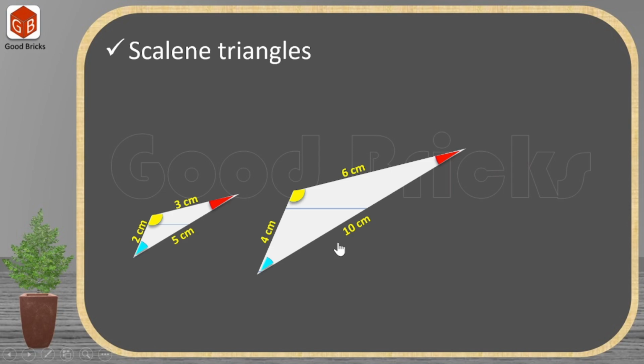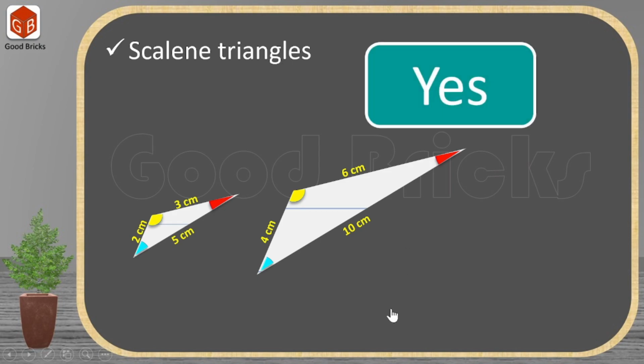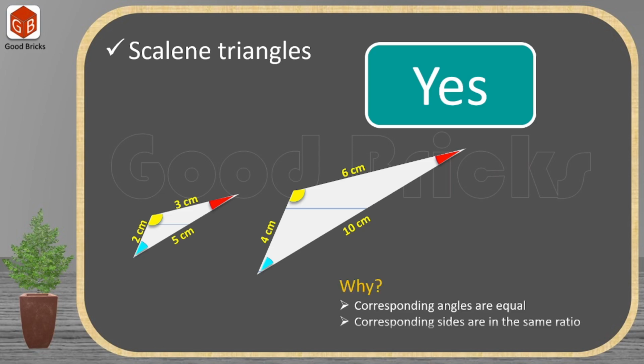What we can observe is all the corresponding sides of these two triangles are increasing in the same ratio, and all the corresponding angles are equal. Since all the corresponding angles are equal and all the corresponding sides are in the same ratio, we can say these two scalene triangles are similar.